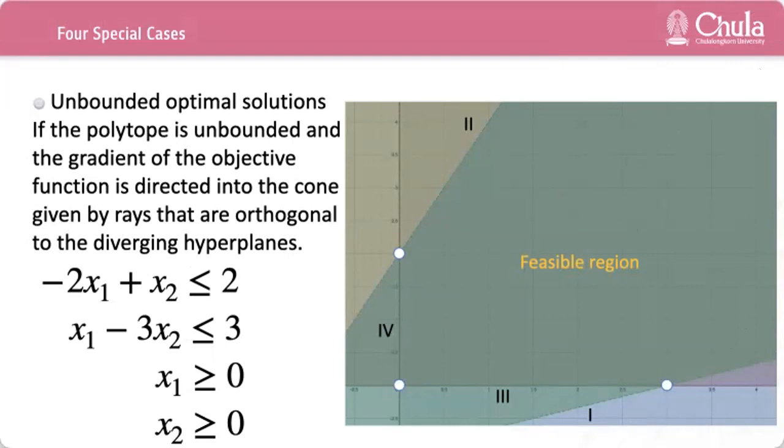So in this case, of course, we cannot define a certain maximum point. But for minimum point, we can have a minimum point. Minimum point is here if the feasible region is in this first quadrant and they point to this direction.